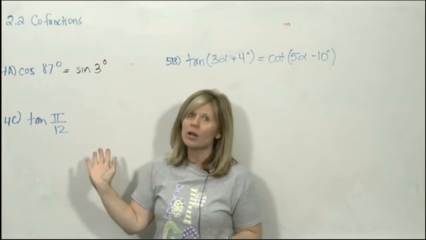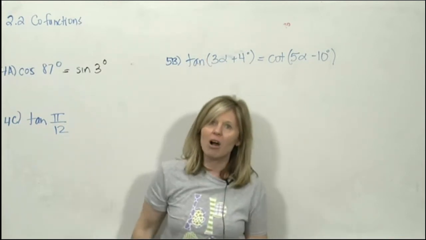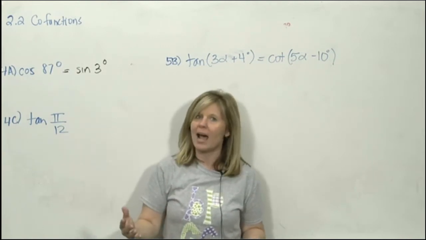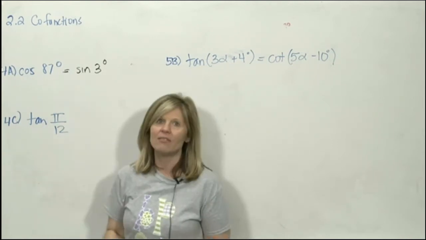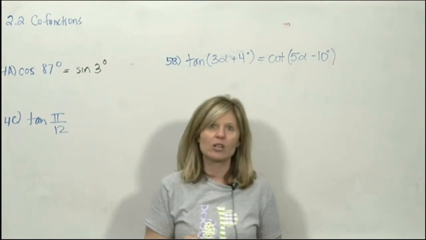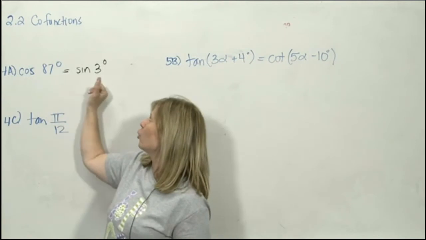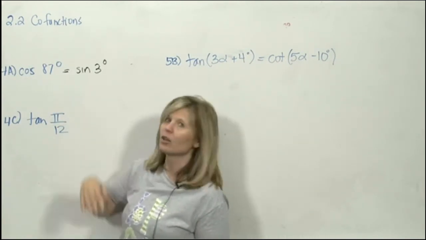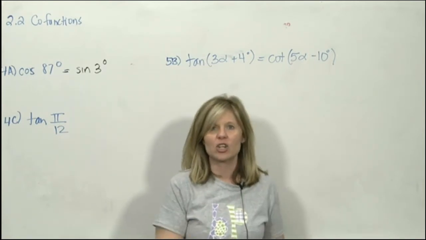What we're going to learn later on is how to type this in a calculator, because right now we don't know how to look this up. We don't have an 87-degree triangle to look at. We don't have a 3-degree right triangle to look at. These are not quadrantal angles that we can look up on the unit circle. We're going to need to learn how to look these up on our calculator in the next chapter.